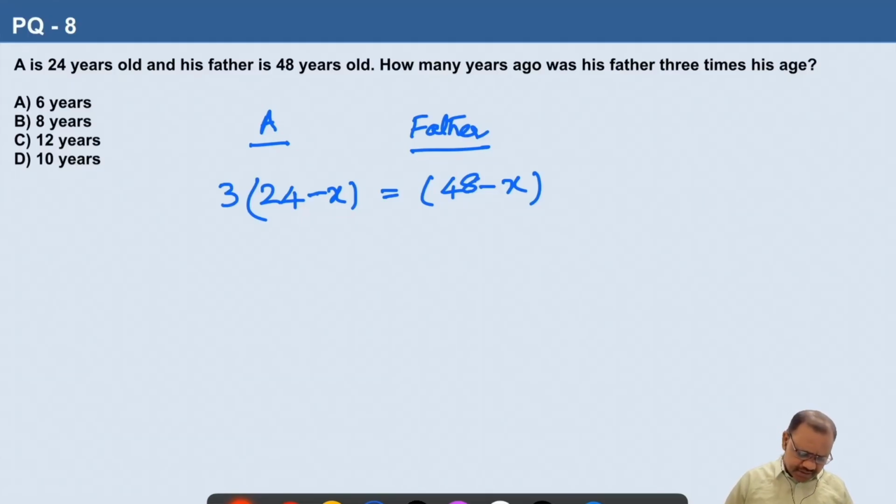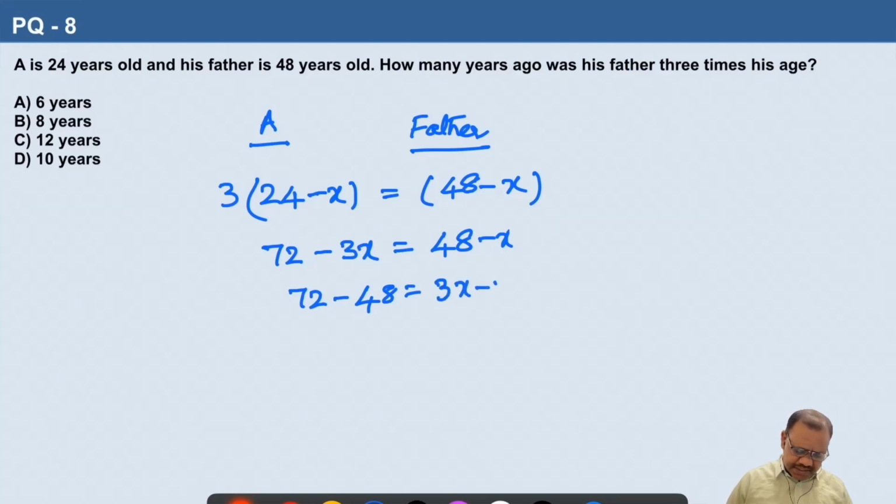So simplify. 72 minus 3x is equal to 48 minus x. 72 minus 48 is equal to 3x minus x. So that is 2x is equal to 24.